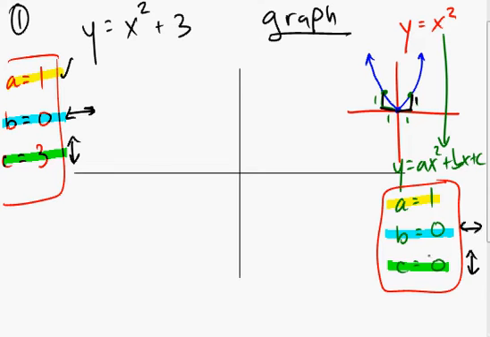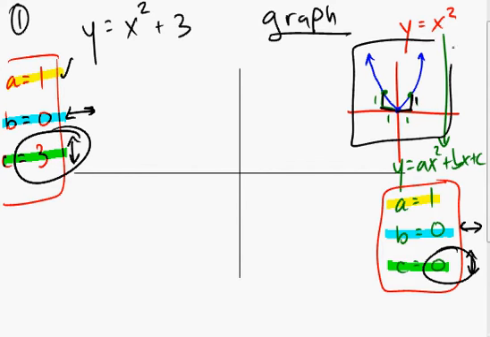So we know B didn't change, so it didn't move left and right, so the axis of symmetry is still right there in the middle on the y-axis, but what happened is the C went from 0 to 3. So this parabola just moved up 3.